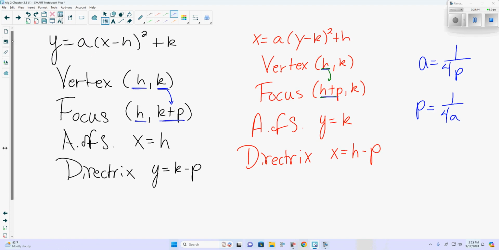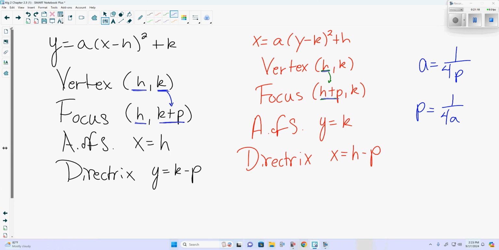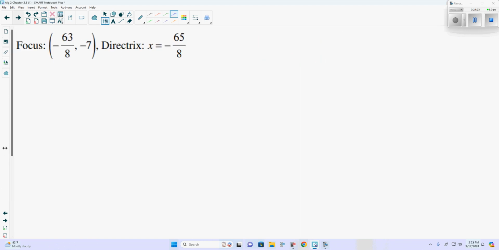Since the directrix is x equals a number, that means we're using the general form of x equals a times y minus k squared plus h. Even though we were given the focus and directrix, we're still able to find the equation. We still need to find the values of a, h, and k.